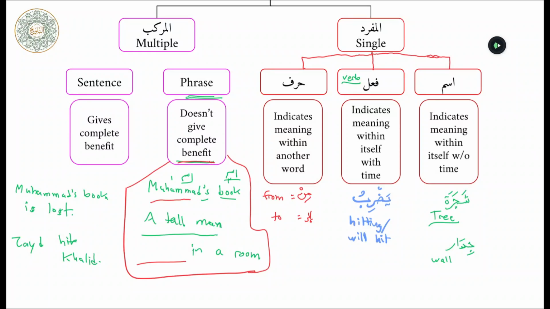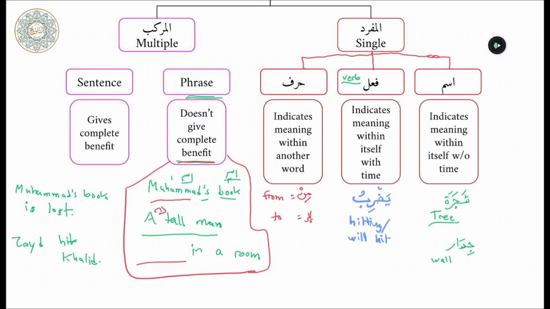Let's take a look at A. A indicates ambiguity, or it indicates something being unknown, something being general. Like it's not the person, it's any random person. That indicates ambiguity. But ambiguity isn't something which can be indicated in itself. It needs to be indicated within another word. So, what is ambiguous? Is it the A? No, it's that tall man. It can be any random tall man.